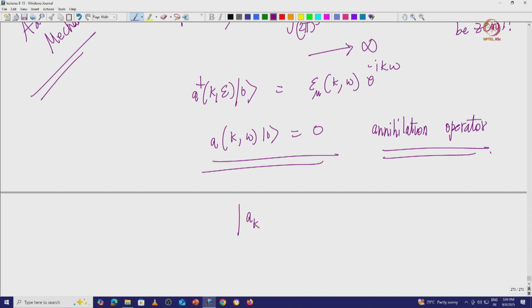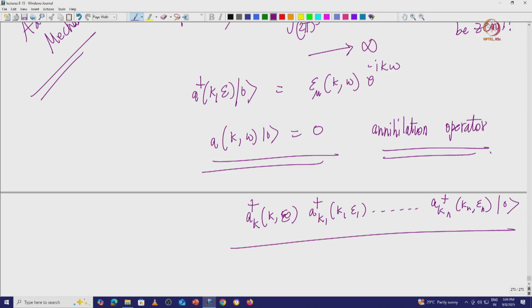For example, A dagger k1 epsilon 1 up to A dagger kn epsilon n, everything acting on the vacuum, gives me a many-body state which contains several photons with epsilon 1, epsilon 2, up to epsilon n, with values of k and everything essentially.